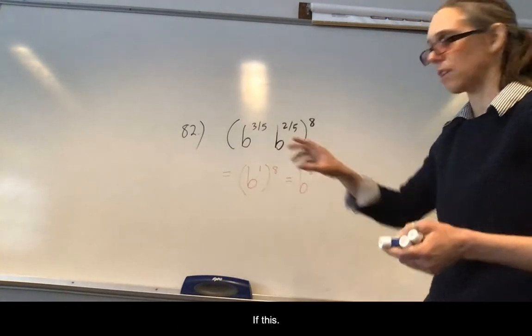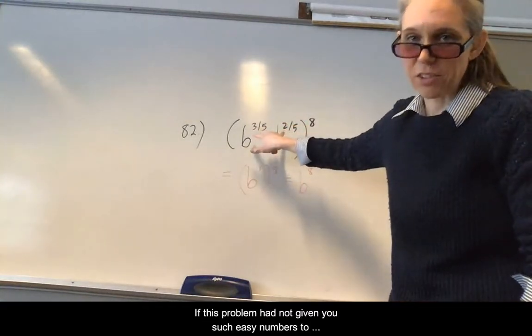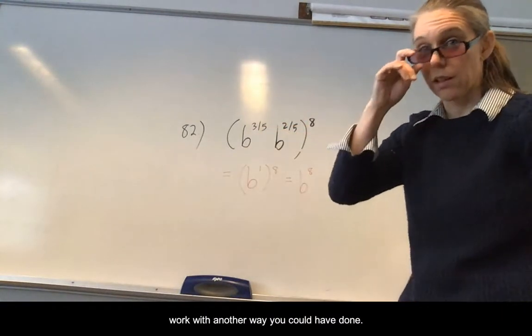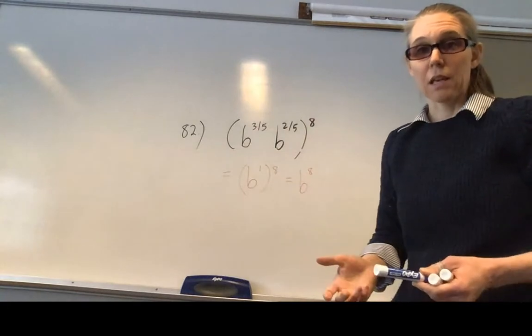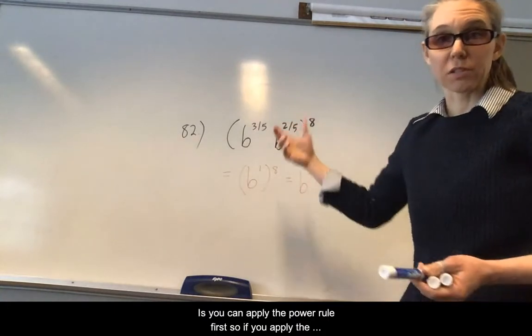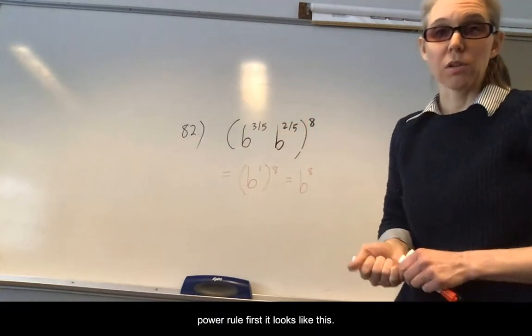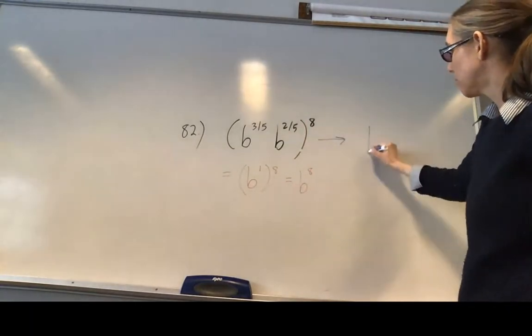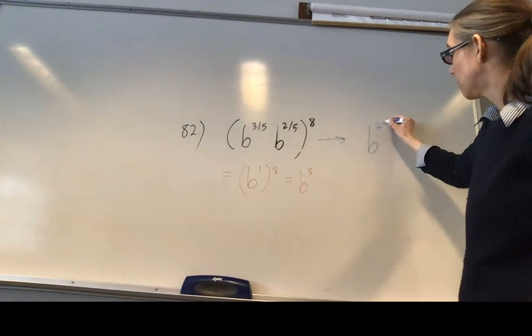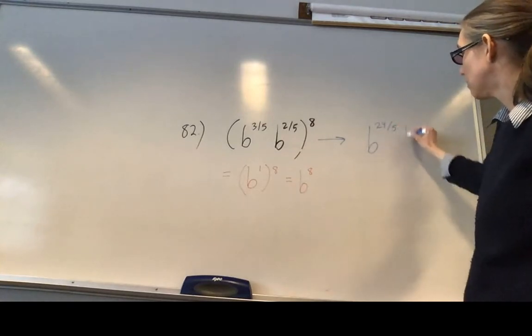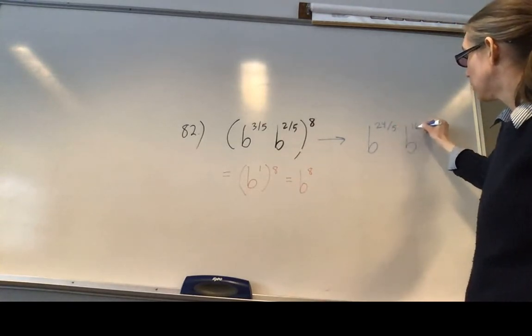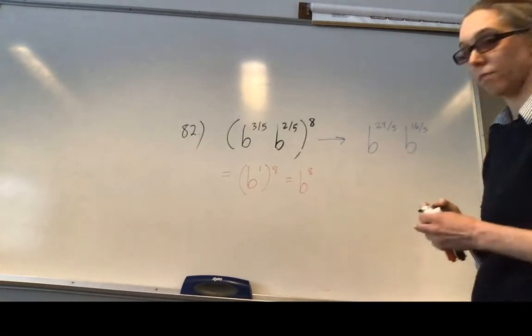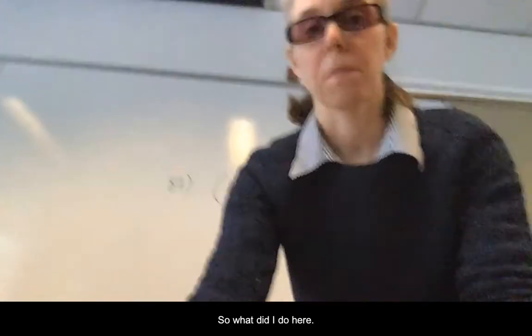Now, if this problem had not given you such easy numbers to work with, another way you could have done it is you can apply the power rule first. So if you apply the power rule first, it looks like this. So what did I do here?